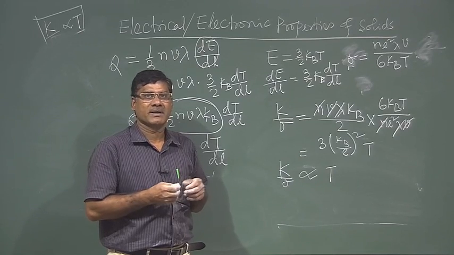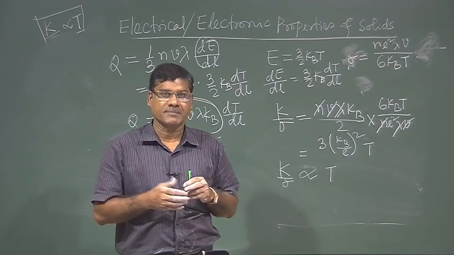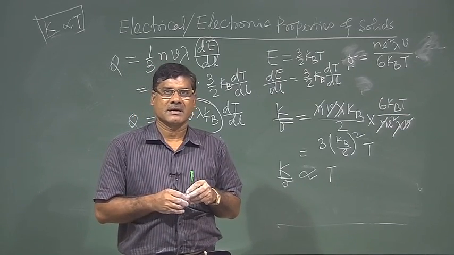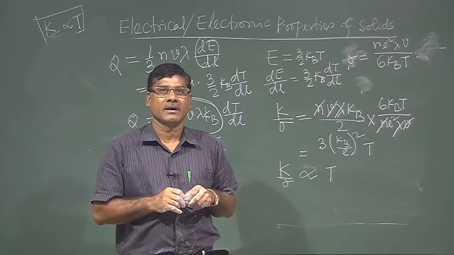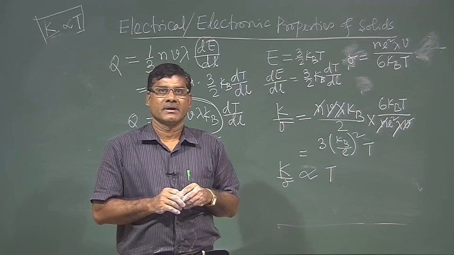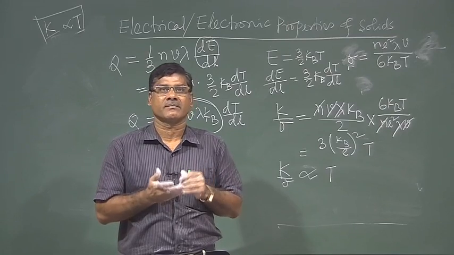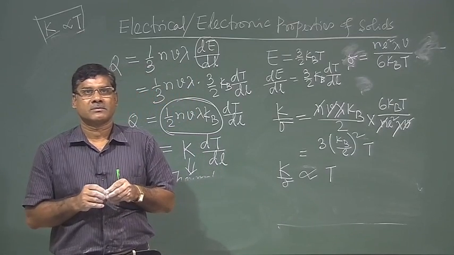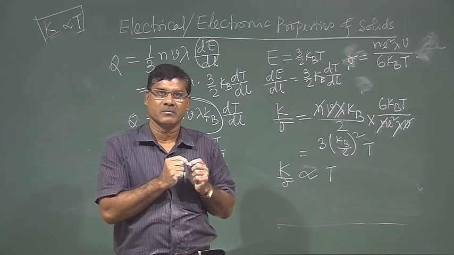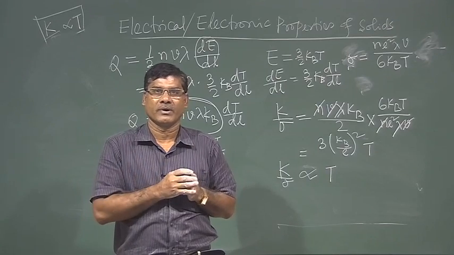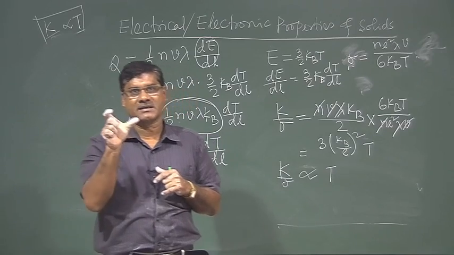It cannot explain everything. It cannot explain the magnetic susceptibility of metal. It cannot explain why the mean free path for a metal is very high. One electron can go a path of about 10 to the power 9 times the lattice constant.